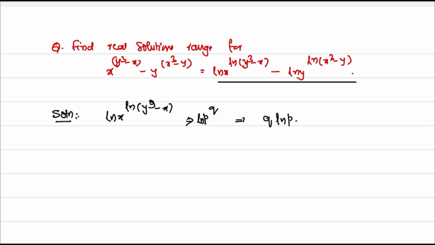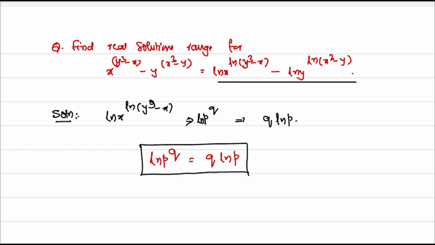Do you agree? This is from the basics of the logarithm. For example, ln 8 is equal to ln 2 to the power of 3, which is equal to 3 into ln 2.